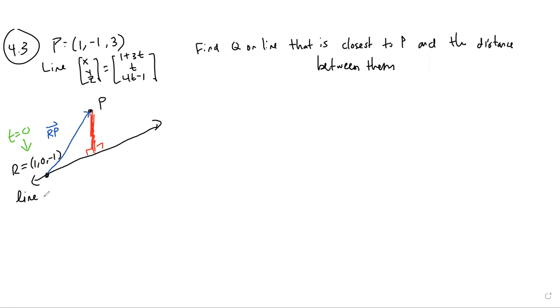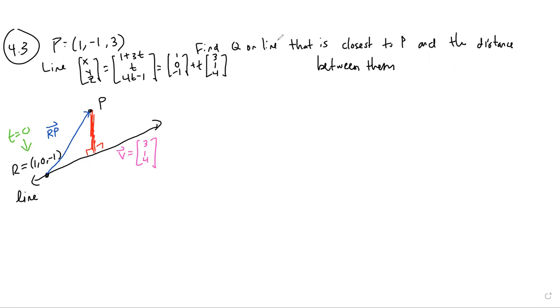And so this line is the one that's described up above, which we can rewrite in the separated form, which would be (1, 0, -1) plus t(3, 1, 4), so the direction vector of that is (3, 1, 4). So I'll call that my direction vector V, which is (3, 1, 4).